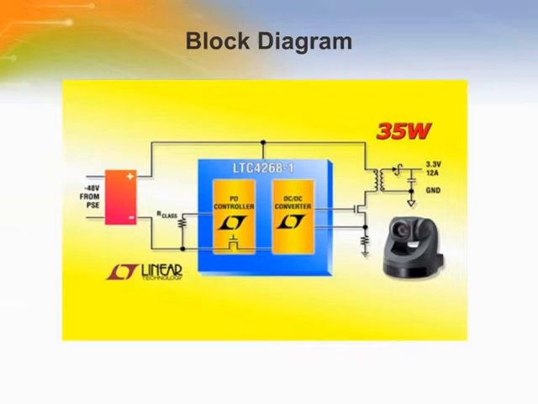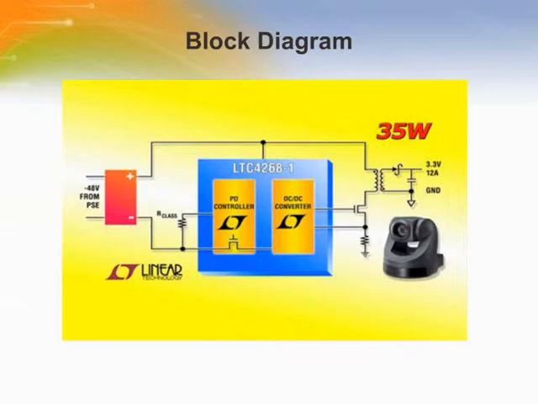Once a power sourcing equipment detects and classifies the powered devices, it fully powers on the device. The LTC4268-1 provides a low inrush current limit, allowing load capacitance to ramp up to the line voltage in a controlled manner without interference from power sourcing equipment current limit.